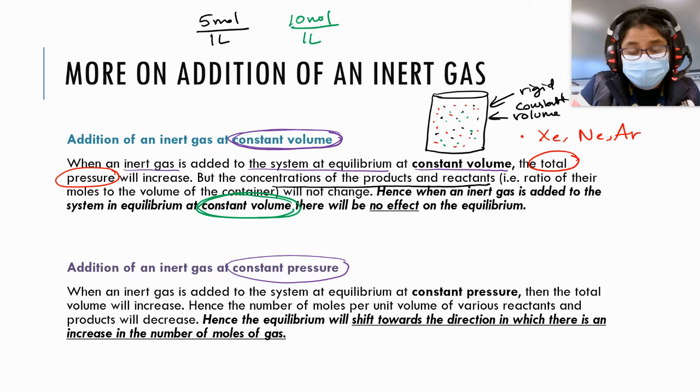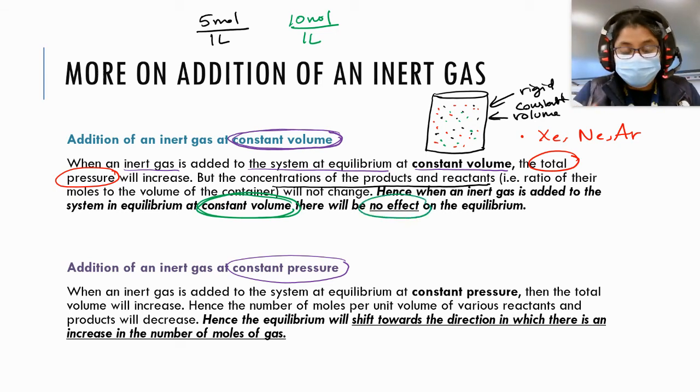It's just more pressurized in there, but there will be no effect on the equilibrium. It's just a tighter fit, but since the inert gas is not reacting with the reactants or the products and the volume is staying constant, the concentration stays constant, no effect on the equilibrium. Inert gas, constant volume, no effect on equilibrium.